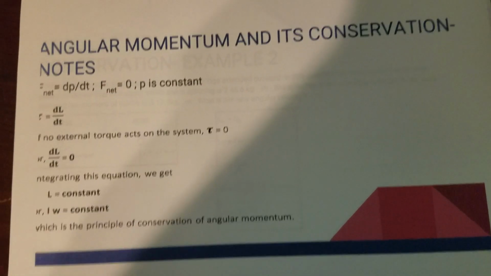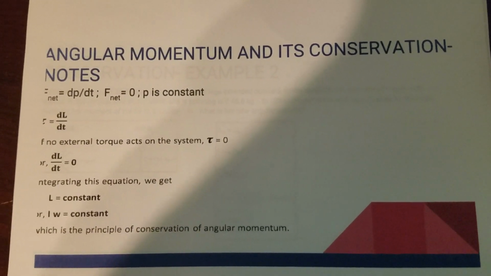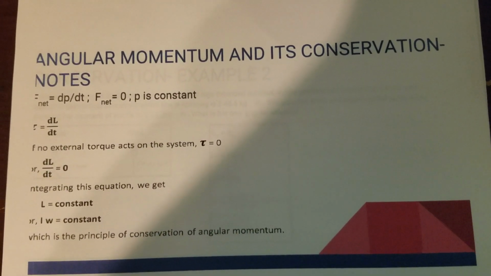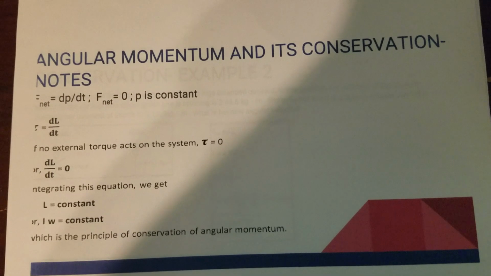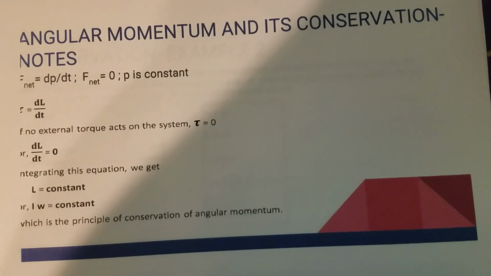Now for the very last thing that you need to know, its conservation. You just need to know that F net is equal to the derivative of momentum, dP/dt, so if F net is equal to 0, P is constant.